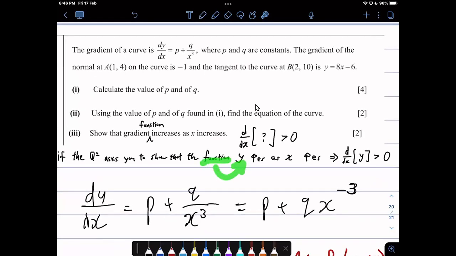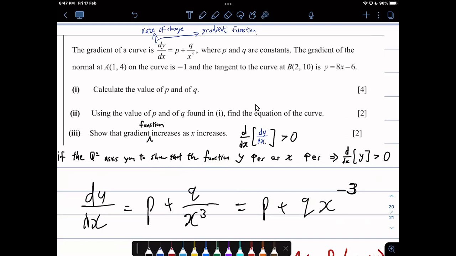Function y, then you put in y. Now the function is gradient, so you put dy by dx in. Very good. So the question mark should be dy by dx. Remember, dy by dx has 2 interpretations: rate of change and gradient function. From the first lesson.